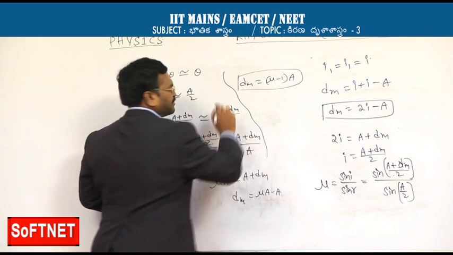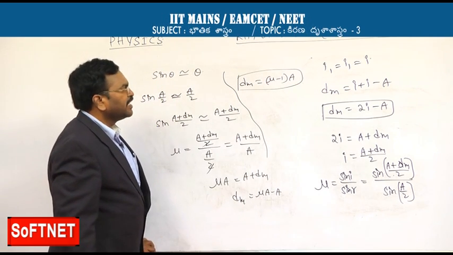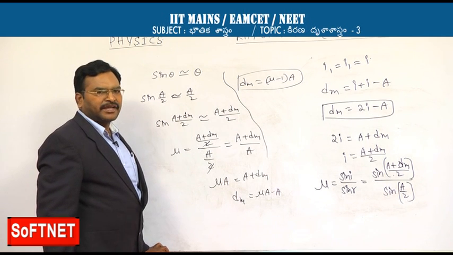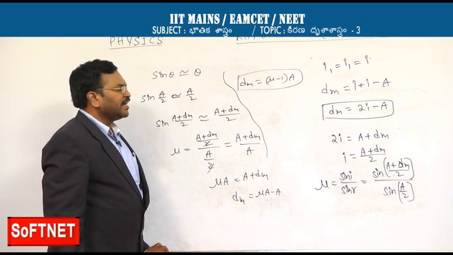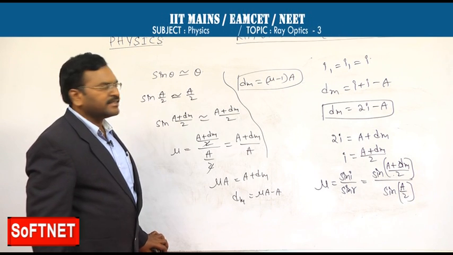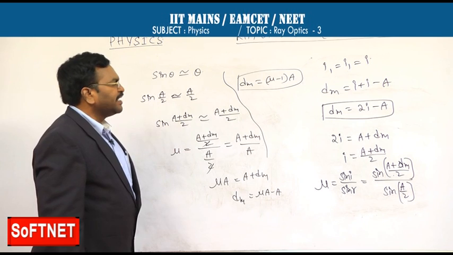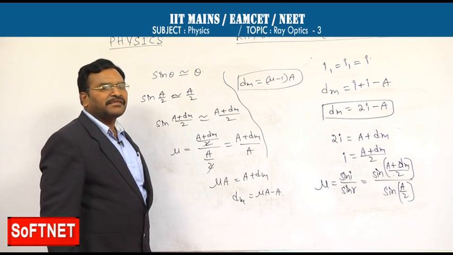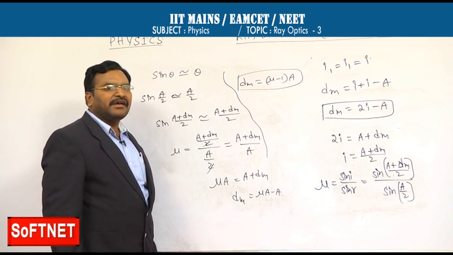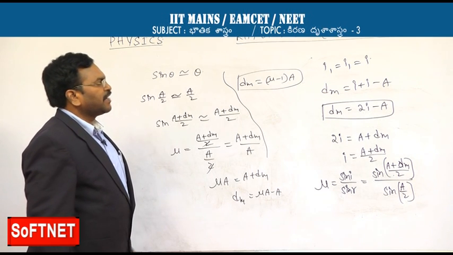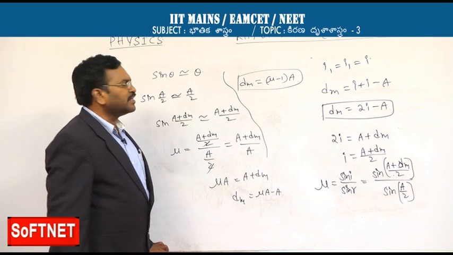In case of a small angle prism, the deviation is equal to (mu minus 1) into A. As refractive index increases, deviation increases. For violet color, wavelength is less, so refractive index is more, so deviation is more.